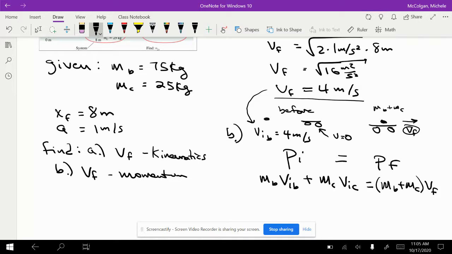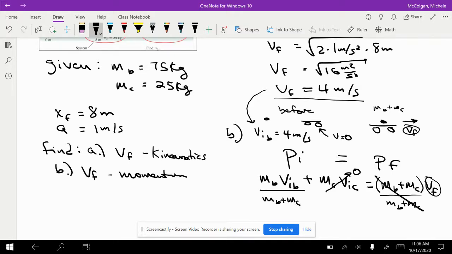I know the v initial of the cart is 0, so I just have these two terms. I'm solving for v final, so I can divide both sides by the mass of Bob plus the mass of the cart.